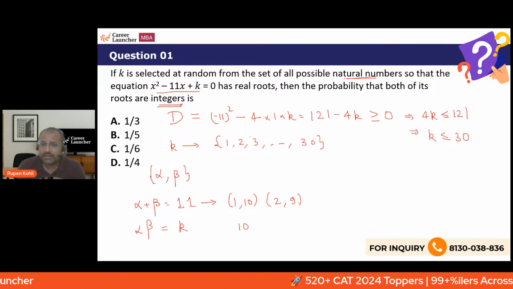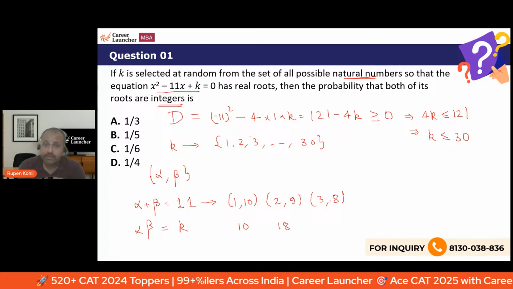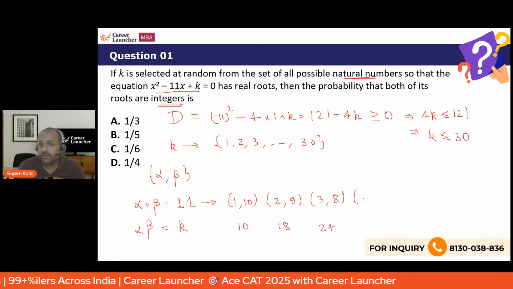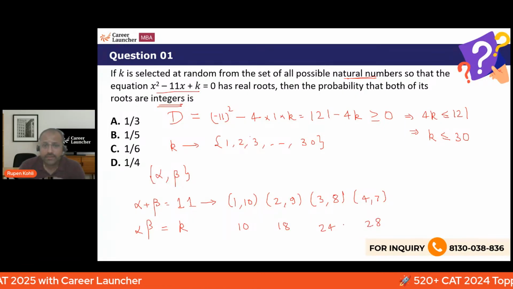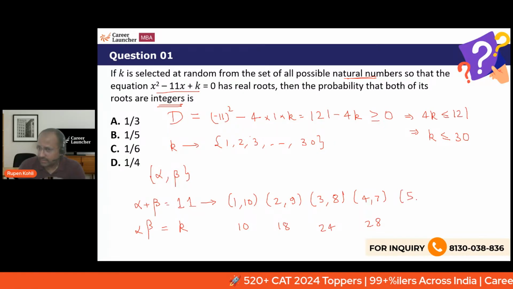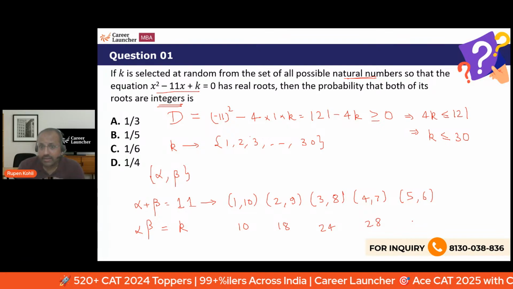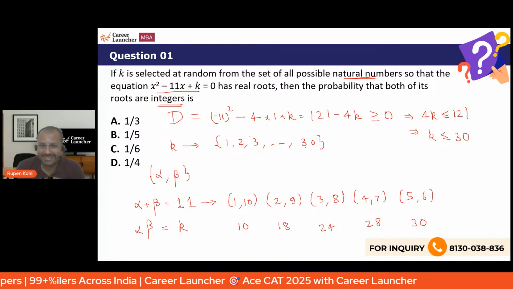Then 2 comma 9, product of roots becoming 18. Then 3 comma 8, product of roots becoming 24. And then 4 comma 7, again product becoming 28. So all these values of k are falling within the range of 1 to 30. And lastly 5 comma 6, when the two numbers are as close as they can get, and k exactly equals 30, the end of our range.